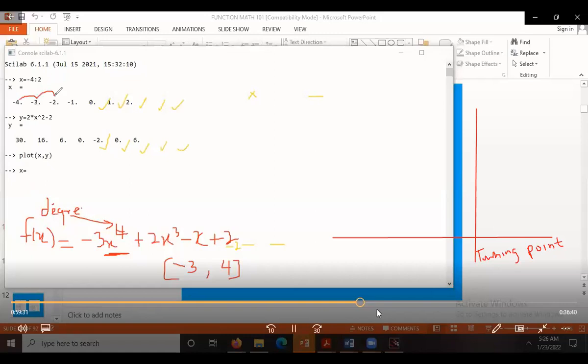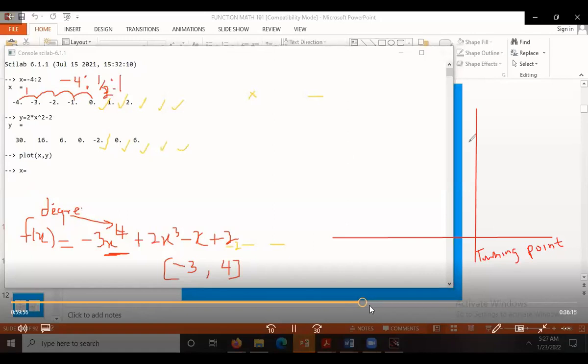But if I want a very smooth graph, I can change the intervals and make them smaller. Instead of using 1 as an interval, I'd rather use half. And I'm going to do the same here.